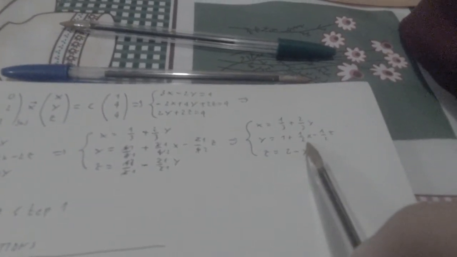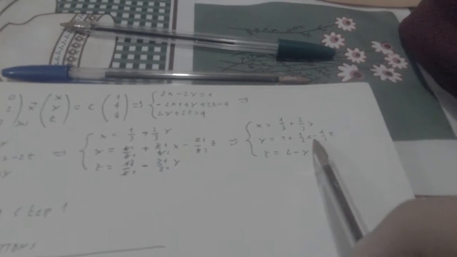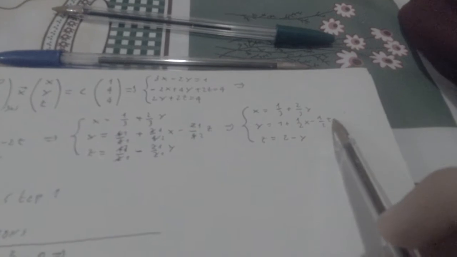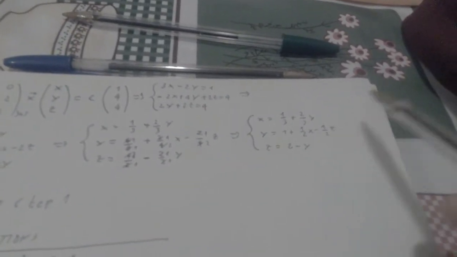So for y, I'm going to get the equation for y: 1, which is a scalar, it's not dependent on anything, plus 1/2 x, so it's dependent on x, minus 1/2 z. We're going to use the value for z, which is 0, and the newly found guess for x.